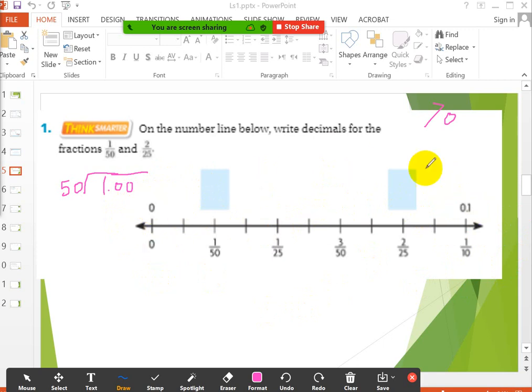In this number line, I will start counting in the second digit after the point, which is the hundredths.